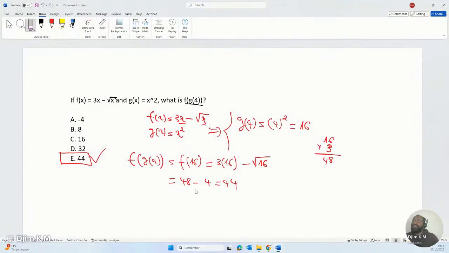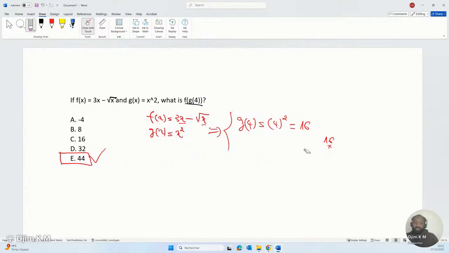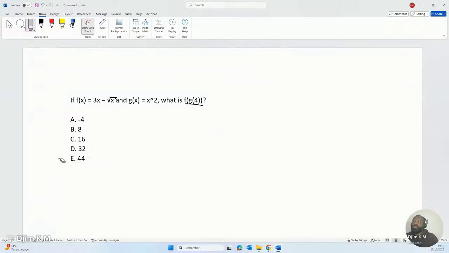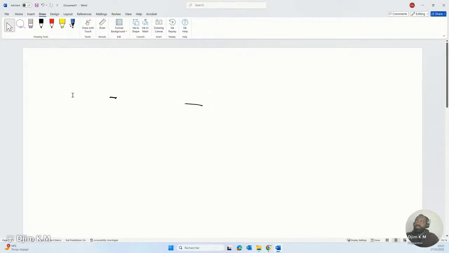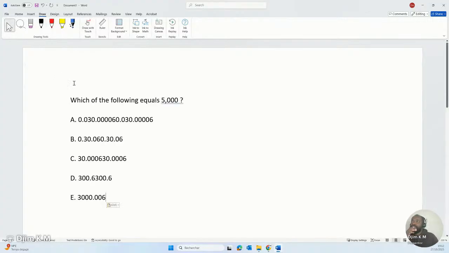So let me remove this. No, that's not working.